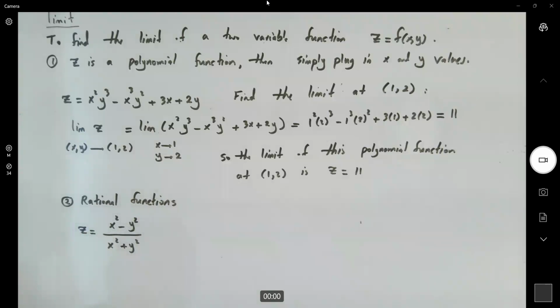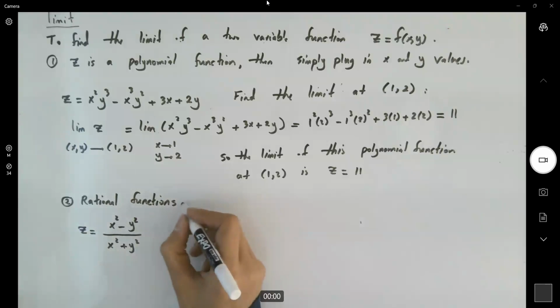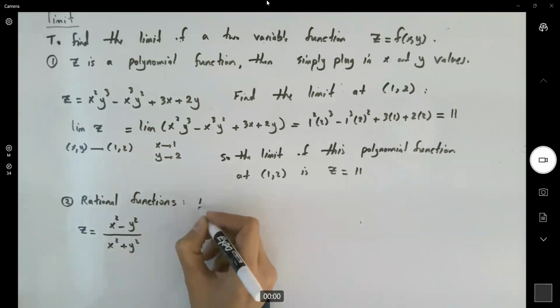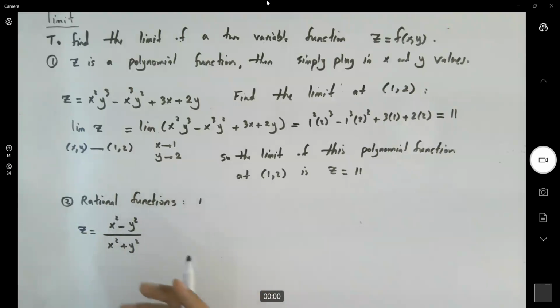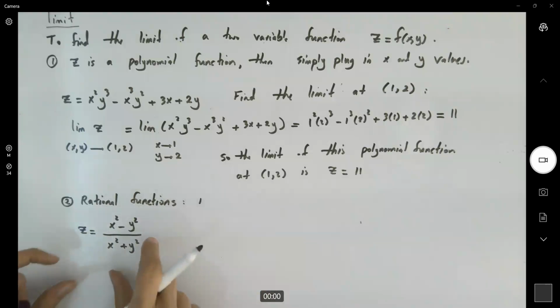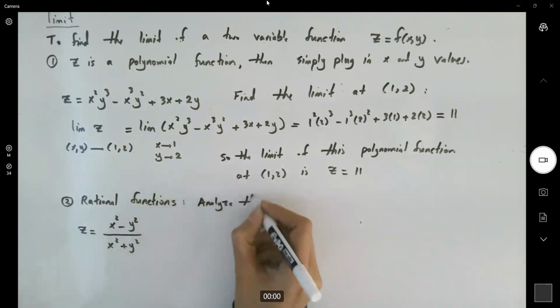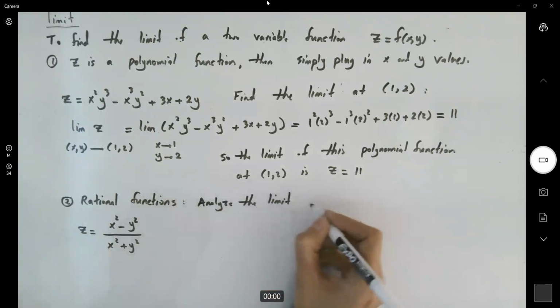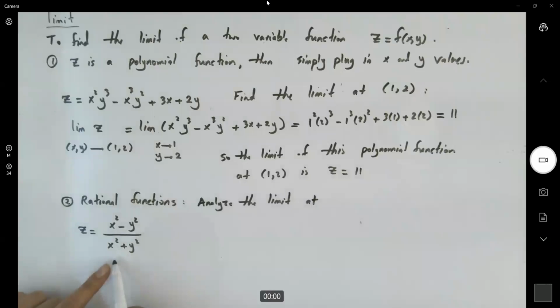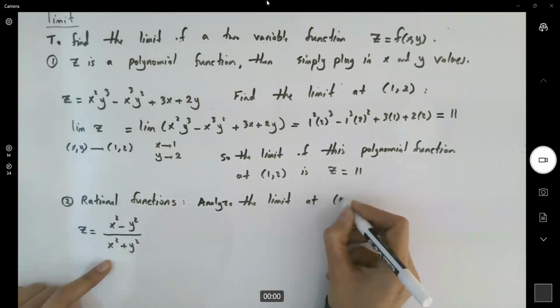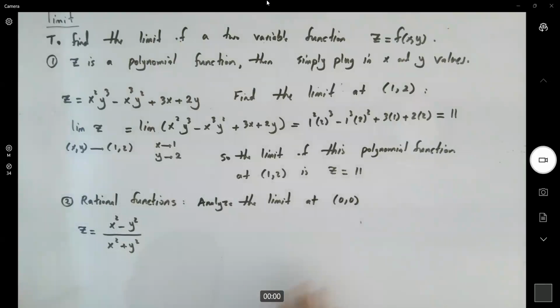Well, I ask you to find the limit. Check the limit, find the limit, or try to analyze these types of functions. Analyze the limit at, guys, in this case, take a look at this. You are dealing with the origin, 0 and 0. At the origin, 0 and 0. Okay, so let's see what we have here.